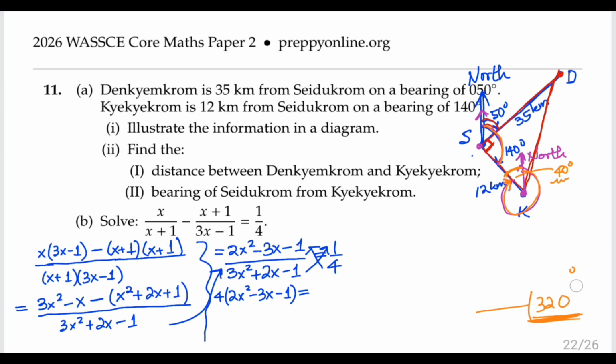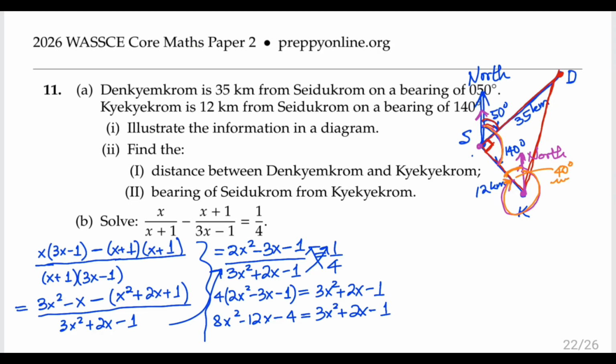All right, so what is it equal to? It's equal to 3x squared plus 2x minus 1. So we expand, we get 8x squared minus 12x minus 4 is equal to 3x squared plus 2x minus 1.